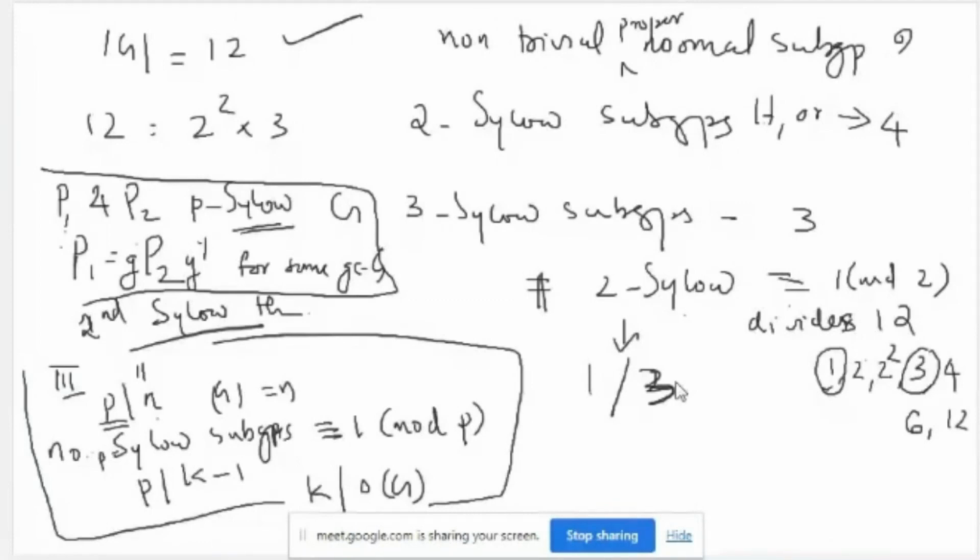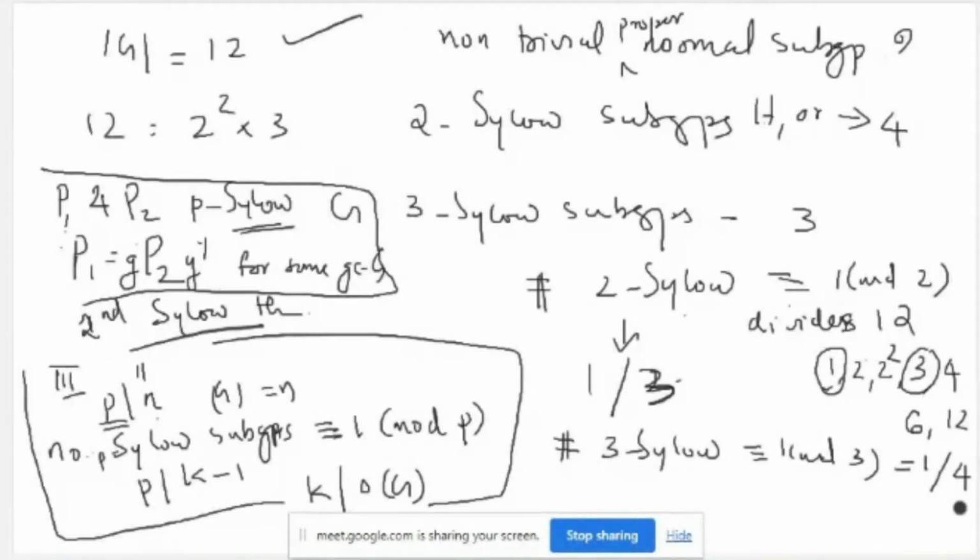Similarly, if we look at the Sylow 3 subgroups, the number is congruent to 1 modulo 3 and divides the order of G. Among the divisors, the numbers congruent to 1 modulo 3 are only 1 or 4. So we have either 1 or 4 Sylow 3 subgroups.